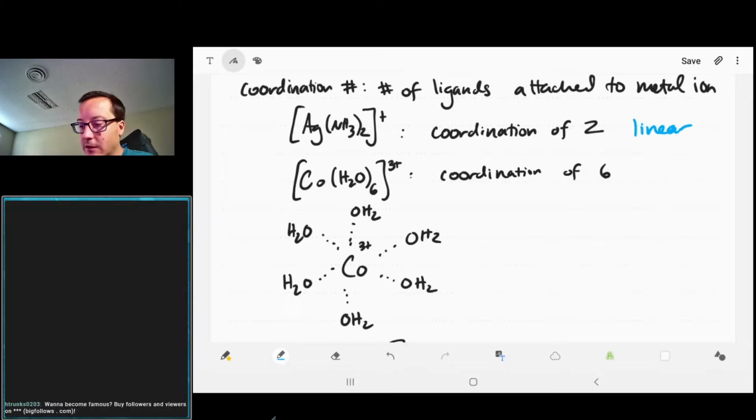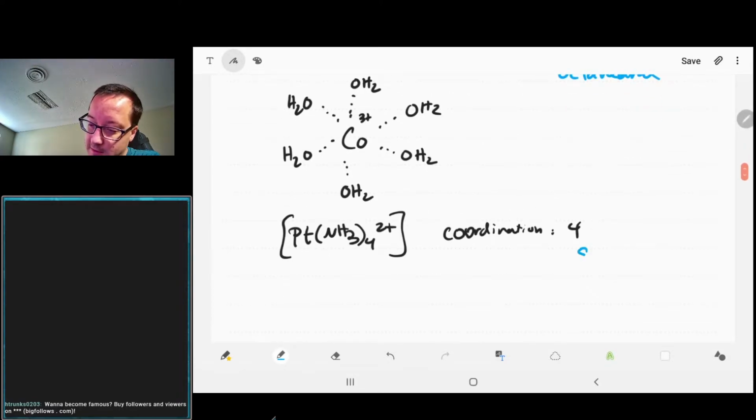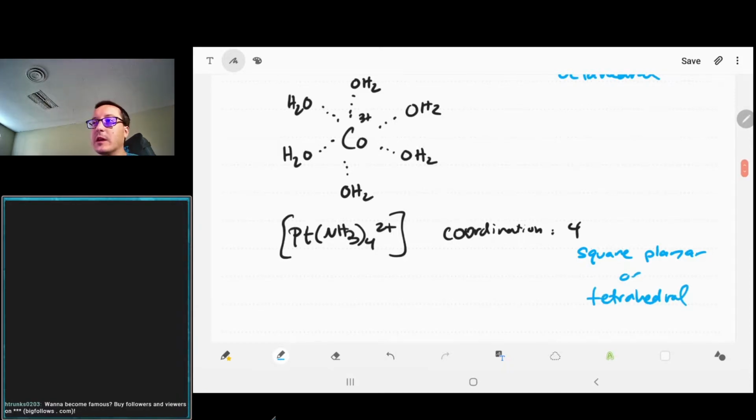There's not too many. Most often, though, we do see octahedral complexes. These are the most common coordination compound we're going to see. We can get either square planar or tetrahedral if we have a coordination number of 4. So those are going to be the most common ones.